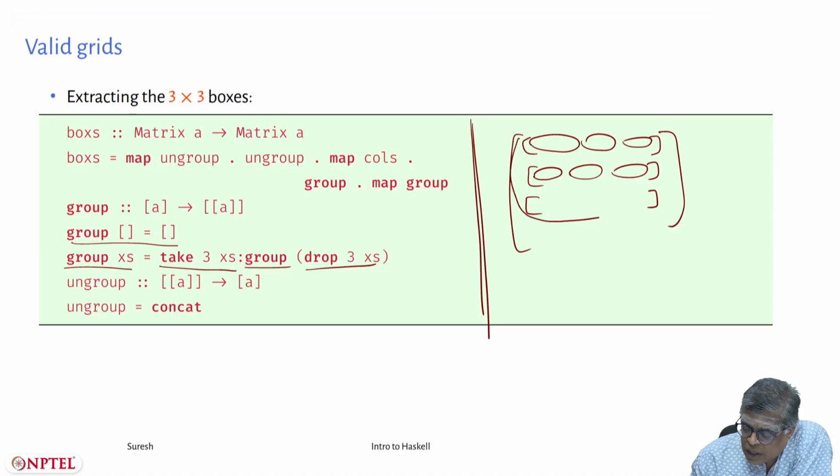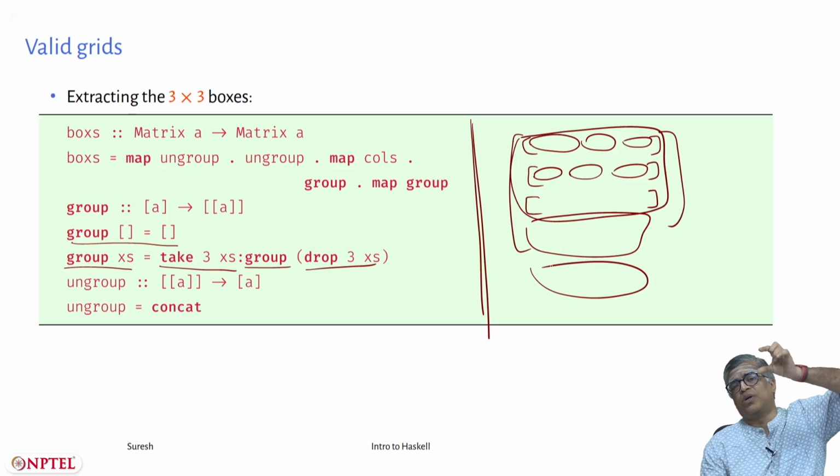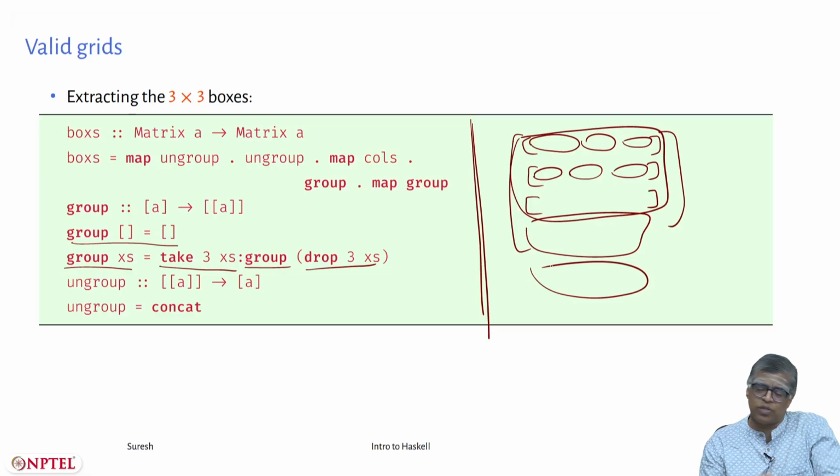I will make these 3 as one part, another 3 as one part, and another 3 as one part. So I have split it into 3 bands of rows. The first 3 rows form a band, the second 3 rows form a band, the third 3 rows form a band. I have done this, and now I will go and map cols.